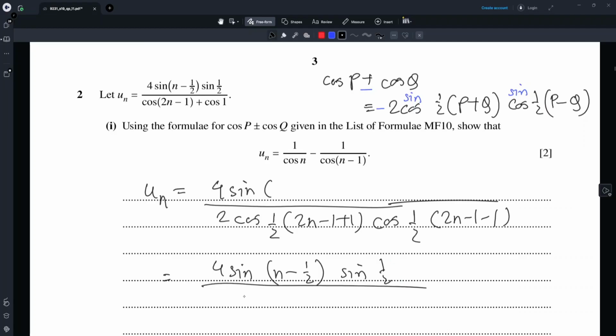Then I'm going to write out at the bottom 2 cos. This is going to become n, and this is going to become minus 1 plus 1, 2n. So it becomes 2 cos n cos n minus 1. Now I need to do something at the top to get rid of the sign here, which means I want to bring this into a single number.